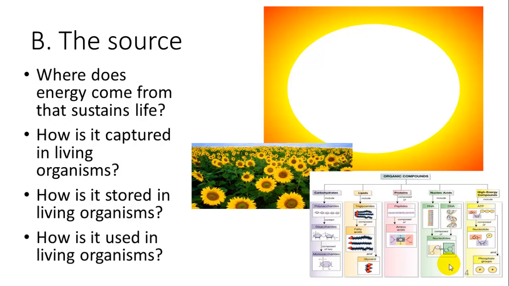We use the energy after it is stored by breaking down these bonds, and as we break them down, it gives off energy. The usable form of energy in living things is through the breaking off of a phosphate from adenosine triphosphate, or ATP. So that's the usable form in energetic processes within a cell.